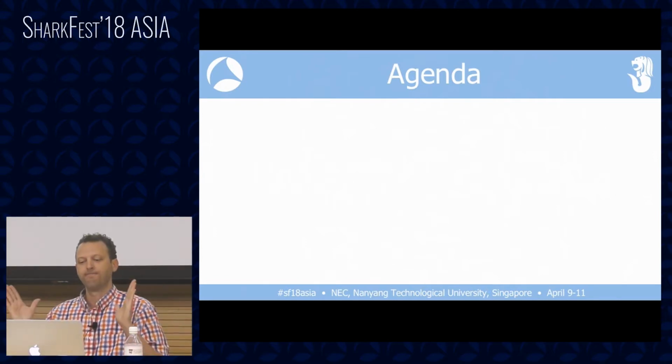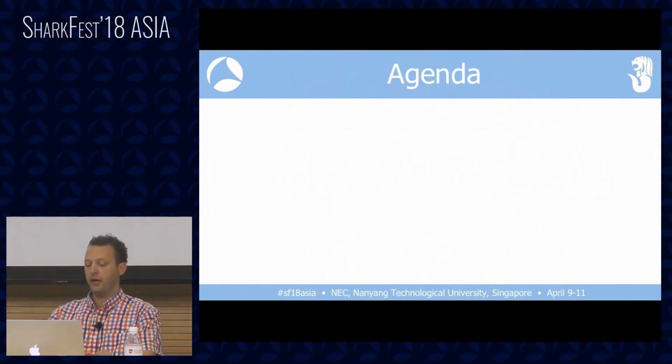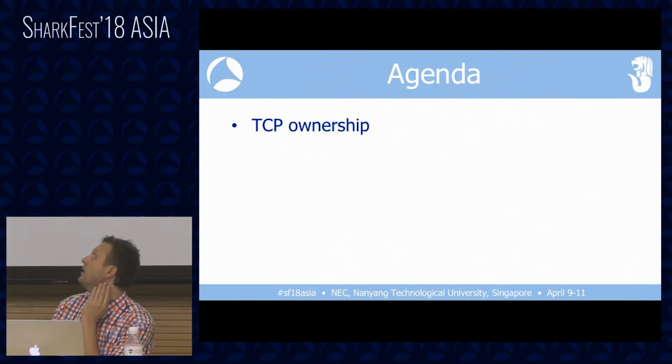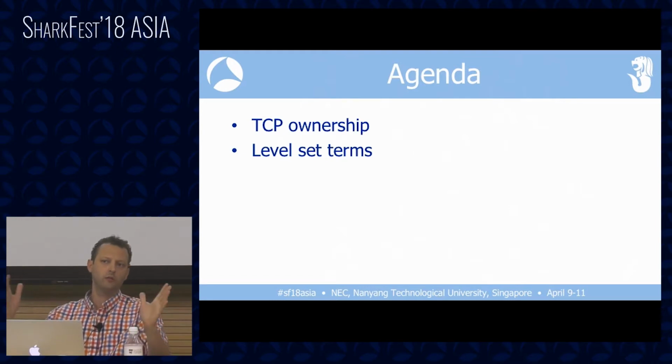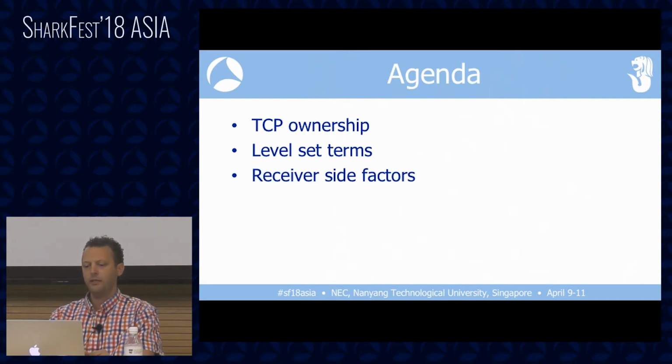Okay, so let's talk about the basic agenda here. First thing we're going to touch on is TCP ownership. Why do we care? Who owns TCP? Let's talk about a few terms so we make sure we know what we're talking about in terms of bandwidth and throughput and whatnot.